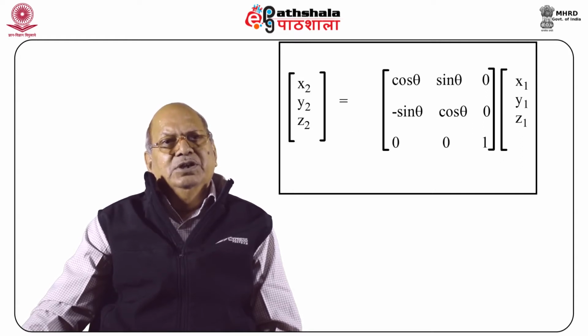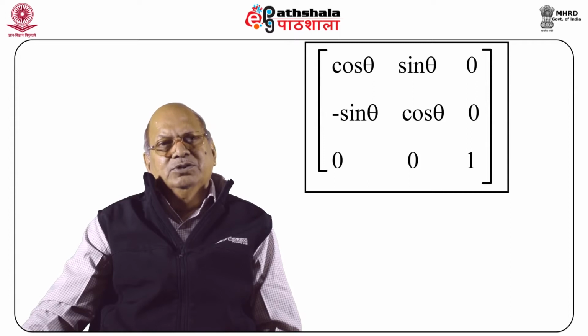Or we say the new coordinates x2, y2, z2 are equal to the matrix corresponding to Cn rotation, that is cos theta sin theta 0, minus sin theta cos theta 0, 0 0 1.